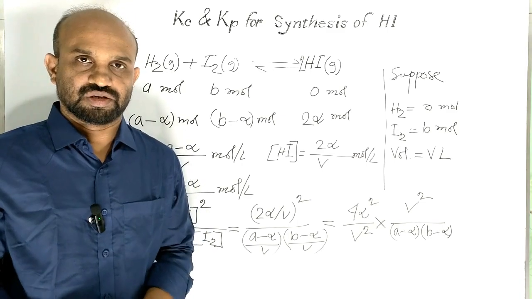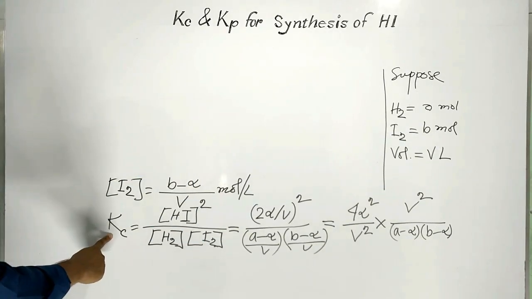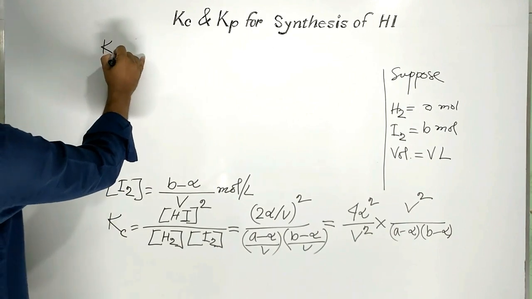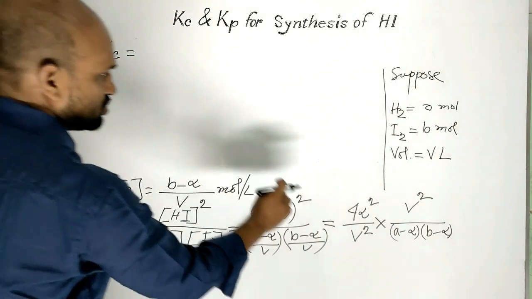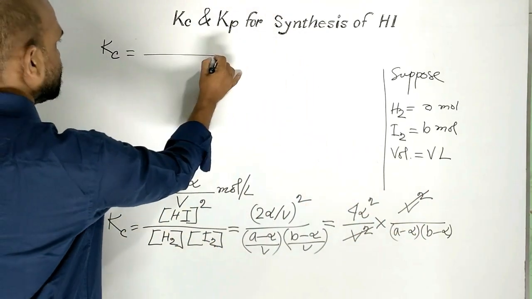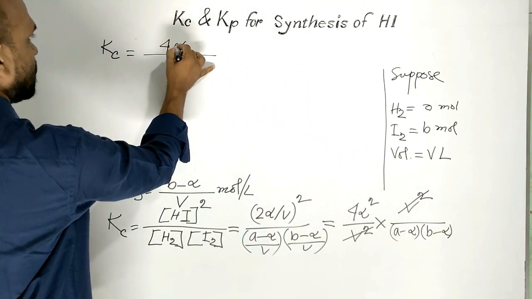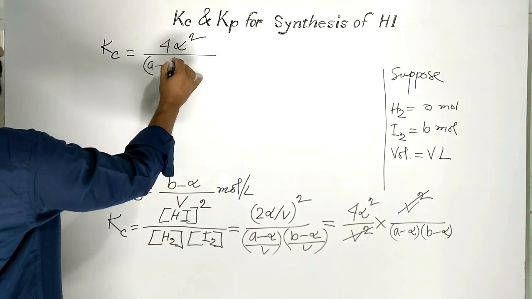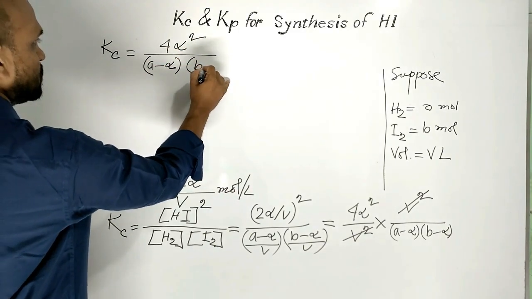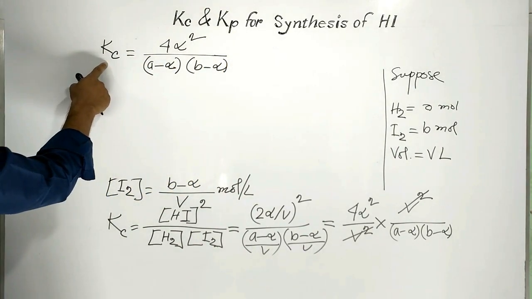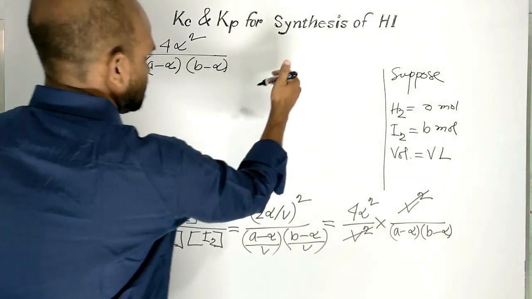Let us proceed. Now the V square terms cancel, and we get Kc equal to 4 alpha square divided by A minus alpha into B minus alpha. This is for Kc.